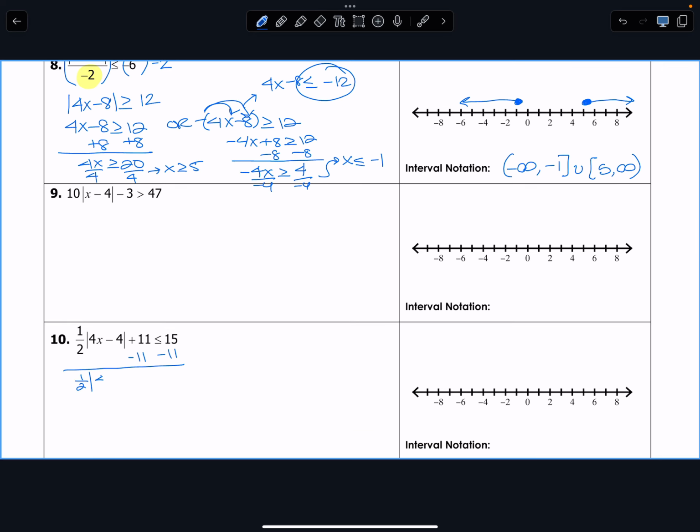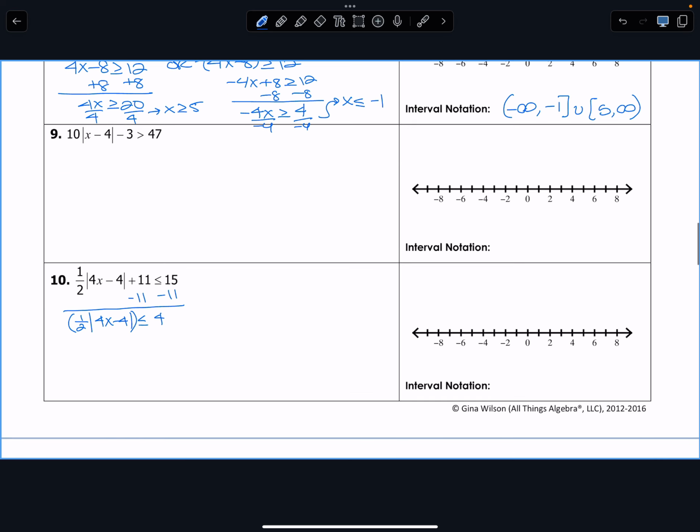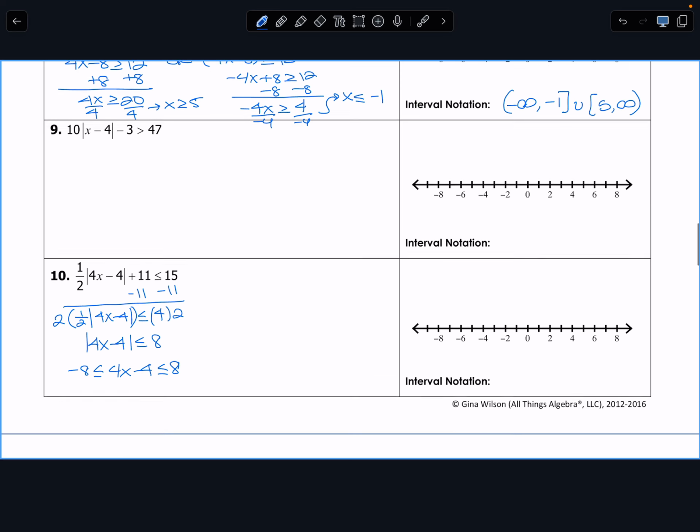So 1/2 absolute value of 4x minus 4 is less than or equal to 4. I have to get my absolute value by itself, so I need to get rid of that 1/2. So I'm going to multiply both sides by 2. So the absolute value of 4x minus 4 is less than or equal to 8. This is now my case 2 situation. So I have a negative 8 less than or equal to 4x minus 4 less than or equal to positive 8.